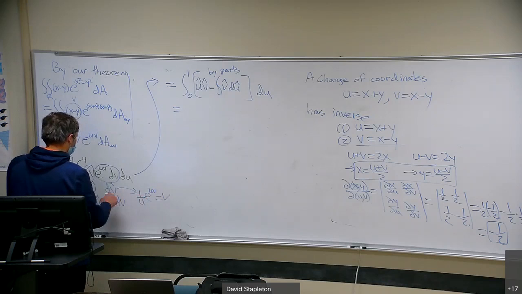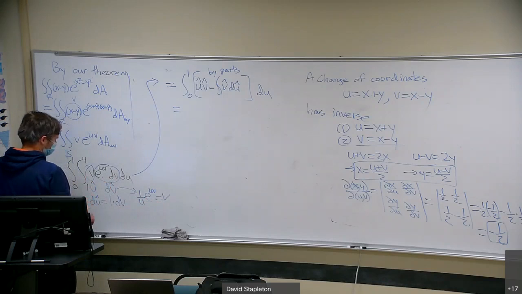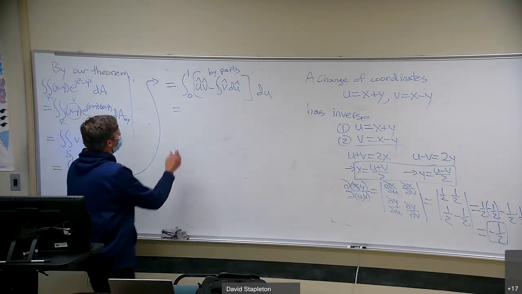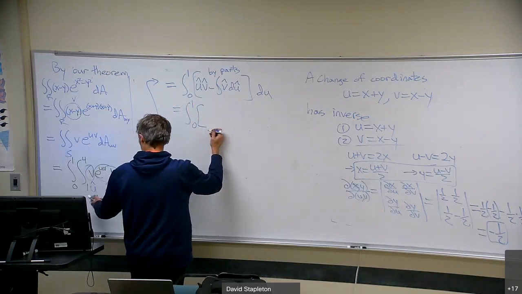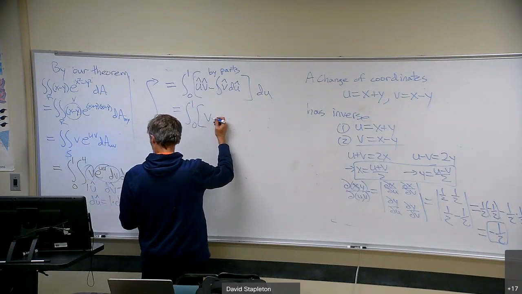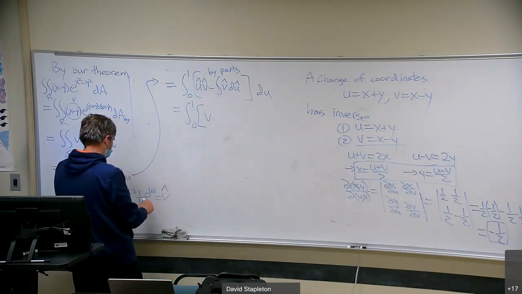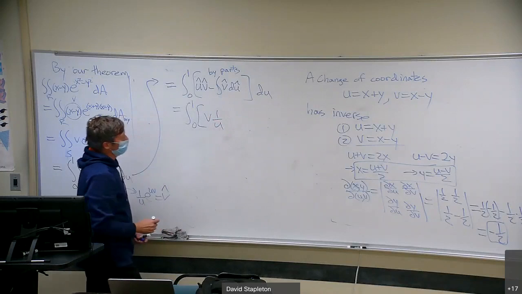So you integrate dv to get v, and you differentiate this to get du, and now you can rewrite this as the integral from 0 to 1 of v times 1 over u.